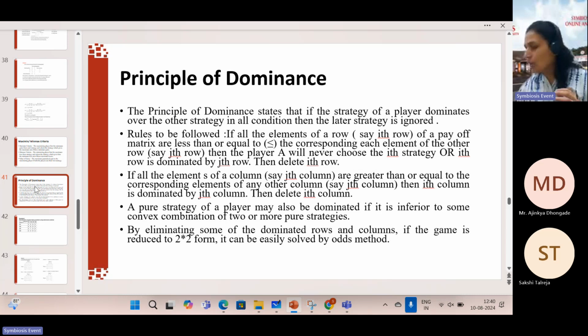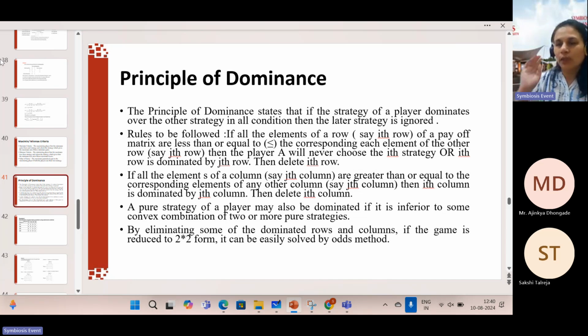When we talk about the principle of dominance, again we are going to concentrate on player A and player B. What I said is that in some games we need to reduce the size of the payoff matrix. If my system becomes 2 cross 2, you have observed how simply I can solve it.